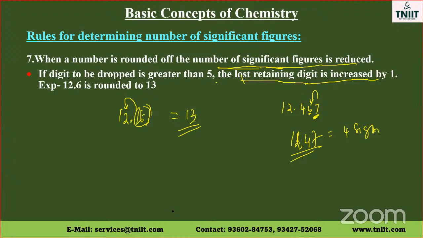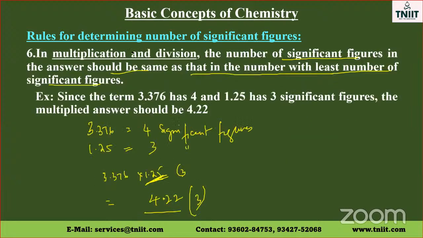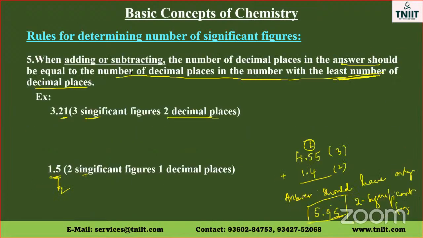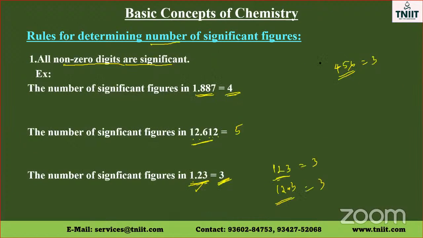The first one: all non-zero digits are significant. When the number is greater than 1, all the zeros to the right of the decimal point are significant. When the number is less than 1, only zeros to the right of the first significant digit are significant, but zeros to the left of the first significant digit are not significant.